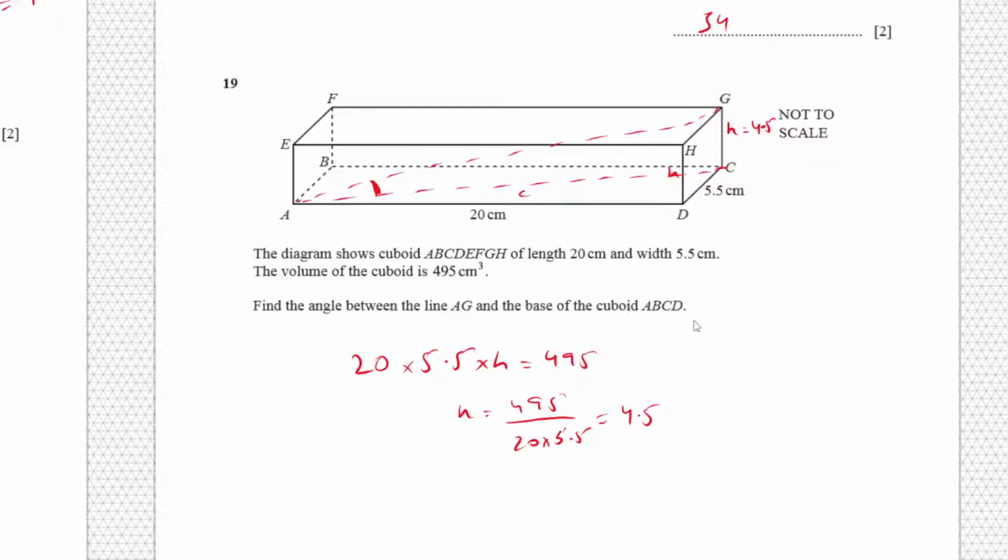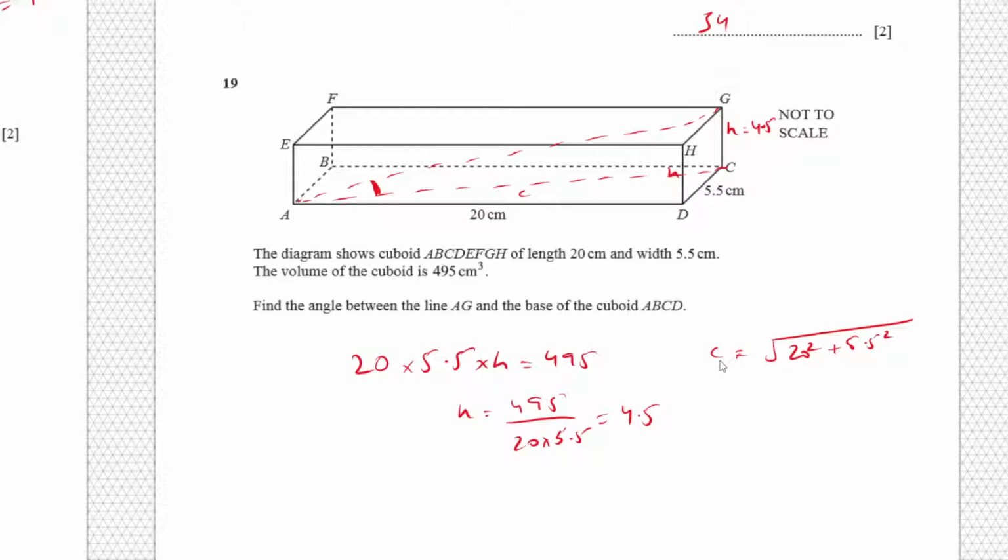Let's find C, the little c here. Well, c is essentially the square root of 20 squared plus 5.5 squared. If you like, you can first write the steps step by step, but I've obviously skipped a couple of steps there. Because we have done a couple of Pythagoras in this paper earlier, we don't have to do that again.